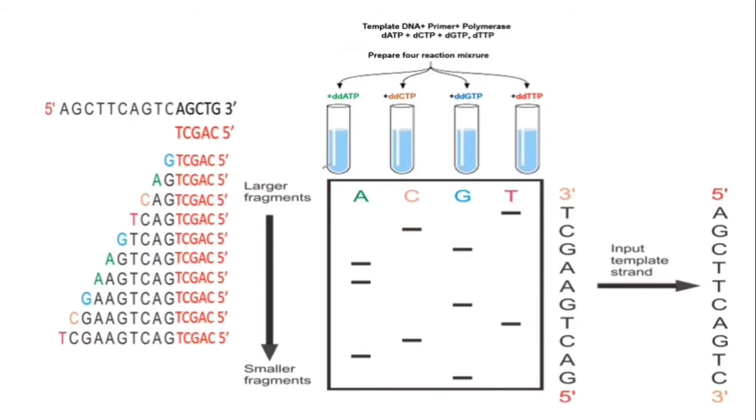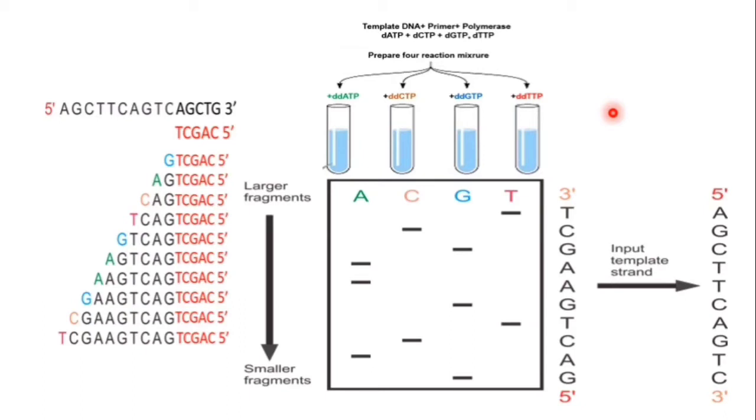That amplification will create DNA with varying length, because, as we told in the previous slide, at the time of amplification the polymerase will add deoxynucleotides into the chain. When a dideoxynucleotide is added into the chain, the chain growth is stopped.